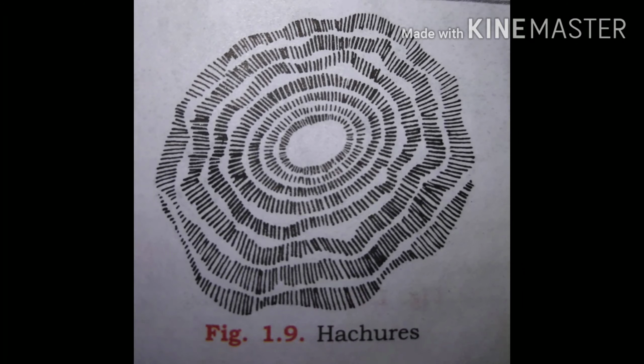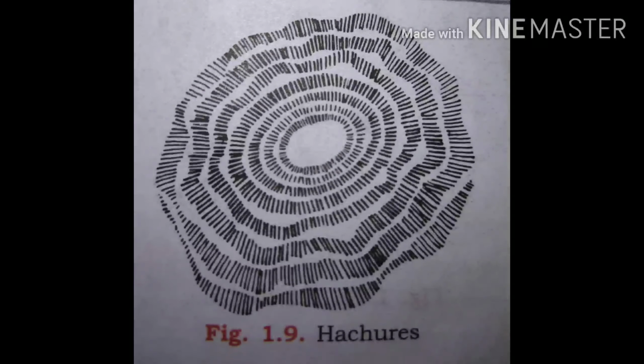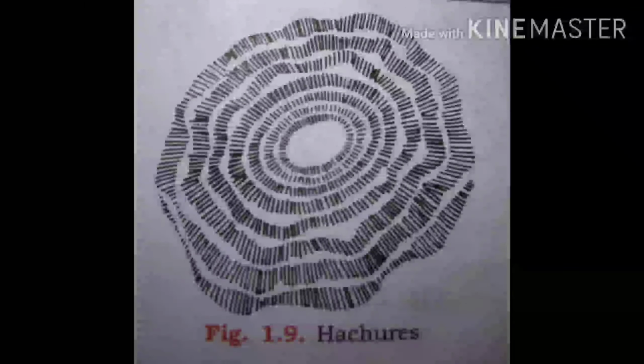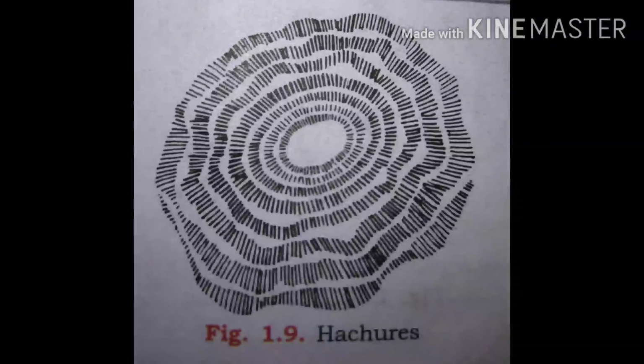To show physical features in a topographical map, we use three methods. One is hatch lines, second is hill shading, and third is contour lines. The first one is hatch lines. By using hatch lines, we can show the slope of a land. If the slope is steep, we use very small hatch lines, and if the slope is gentle, we use longer hatch lines.